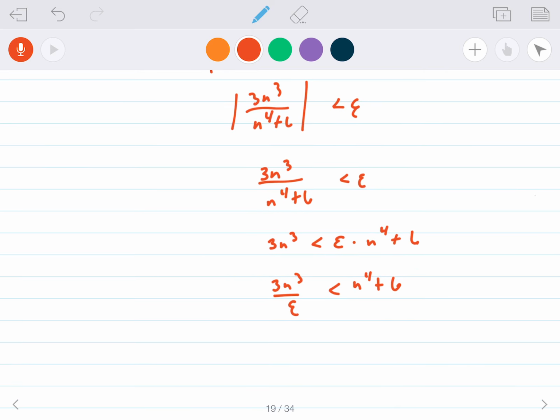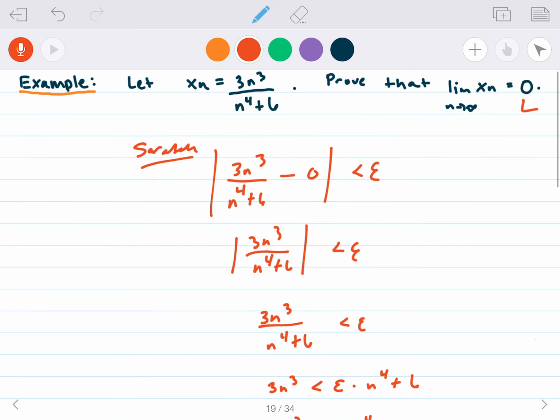And then I have n to the 4 plus 6 over 3n cubed bigger than 1 over epsilon. And so I'm not getting little n greater than something. That's what I want. I don't want this n to the 4 plus 6 over 3n cubed. That's not going to give me my capital N that I need. I have too many dependencies going on, I guess. So we can't do this. We need to figure out some kind of bound so that we can get little n greater than something. We want little n by itself.